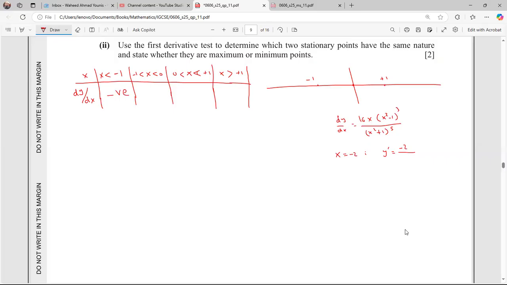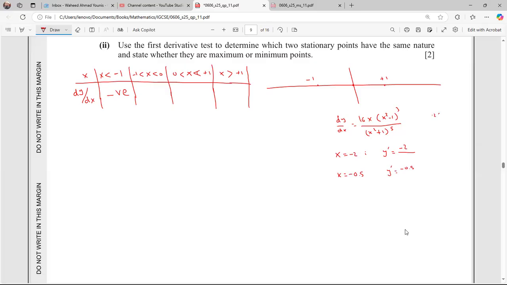Now what about between 0 and minus 1? So let me choose a number between 0 and minus 1, that is x equal to minus half. When x is minus half, the derivative has x as minus 0.5. Its square is going to be 0.25, and it's positive.